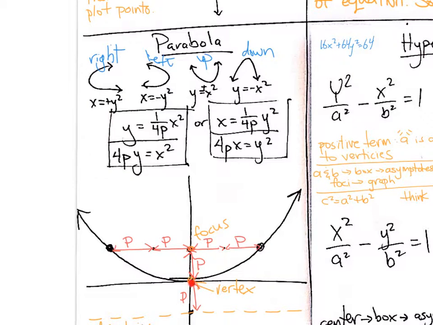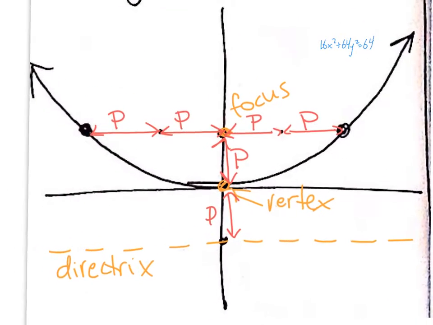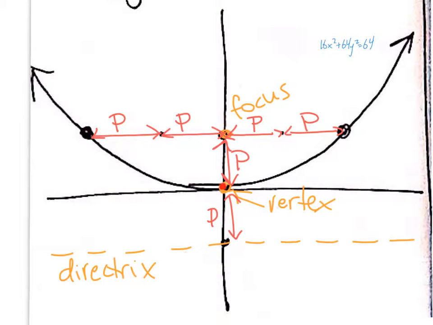This is the center of the parabola, we call it the vertex, and p is the distance between the vertex and the focal point. I'm going to zoom in here. P is also the distance between the vertex and the directrix.